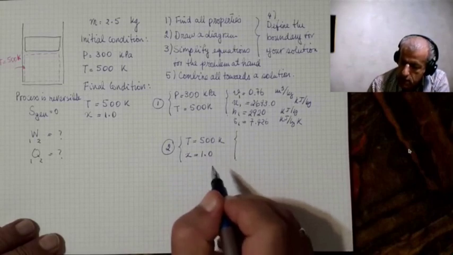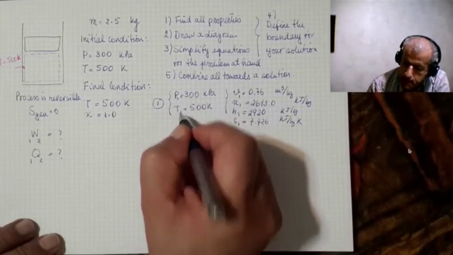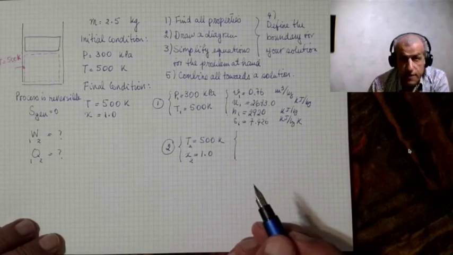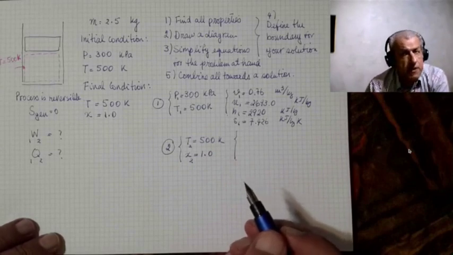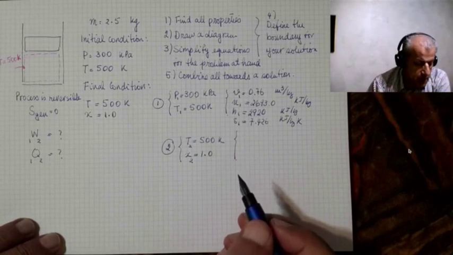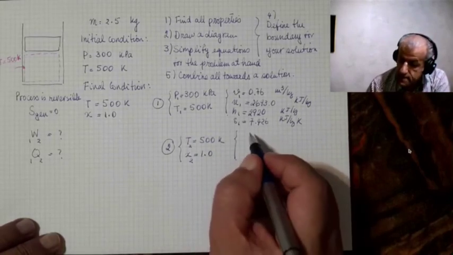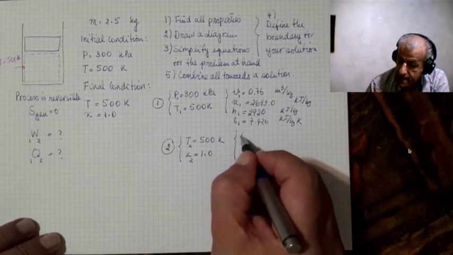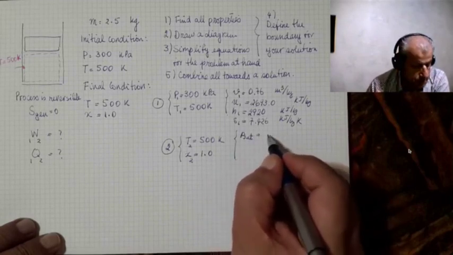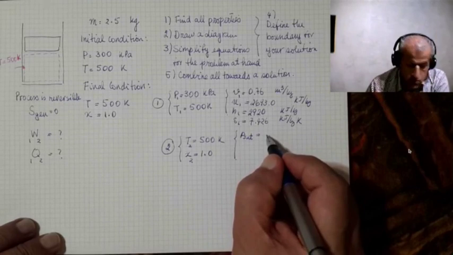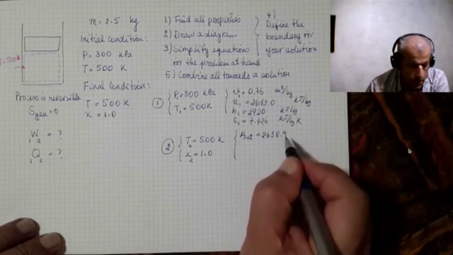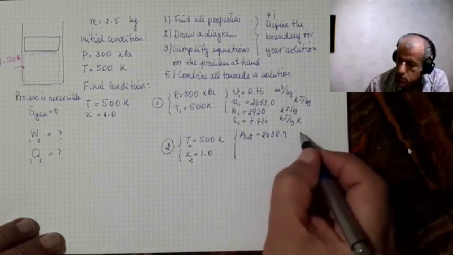And therefore, to find the properties in a very similar manner, we go to the tables, and what we read is that Psat equals 2638.9 kilopascals.